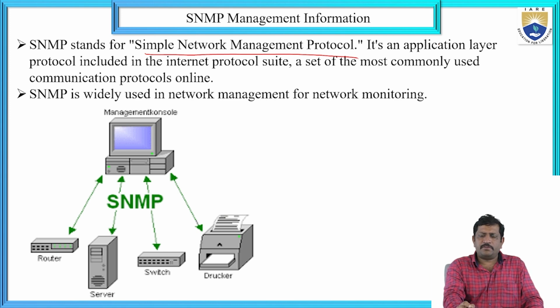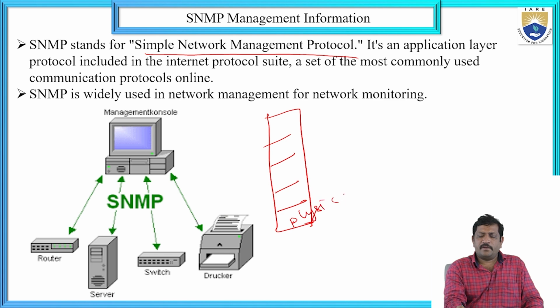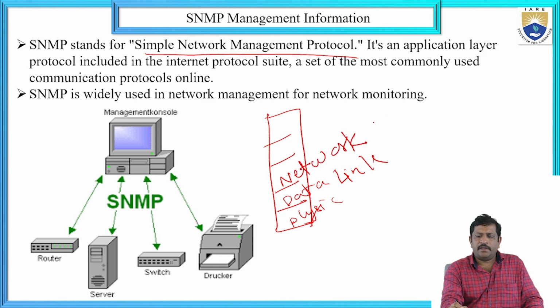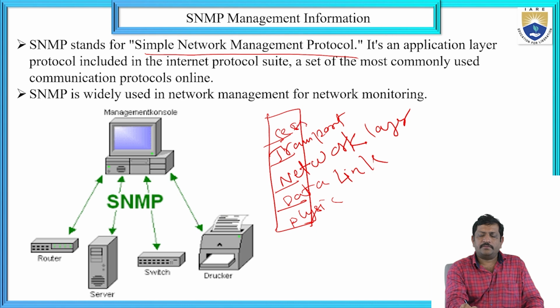If you take the OSI reference model, the number of layers is 7: the physical layer, the data link layer, the network layer, the transport layer, the session layer, the sixth layer is the presentation layer, and the seventh layer is the application layer.